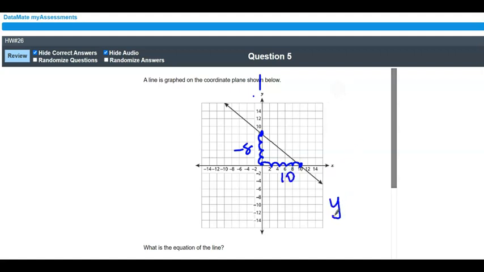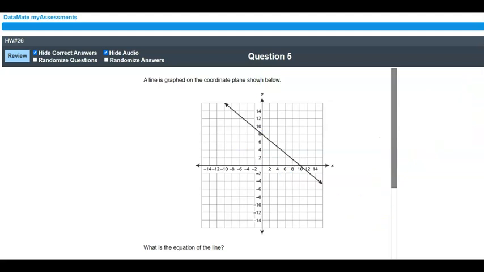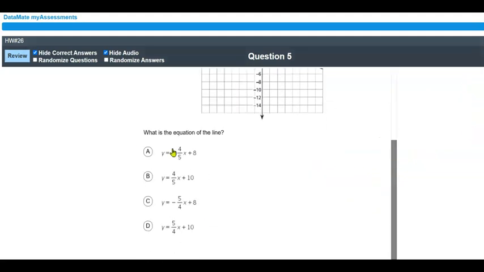So it looks like I have a rate of change of -8 over 10, and a y-intercept of 8. I know this fraction can be simplified to -4/5. Again, my y-intercept is 8, and my rate of change is -4/5. So I'm looking for -4/5 x plus 8.